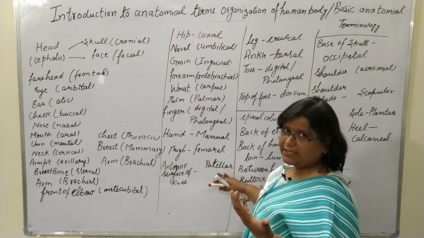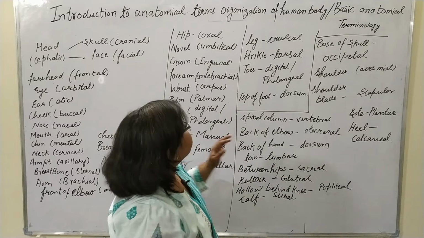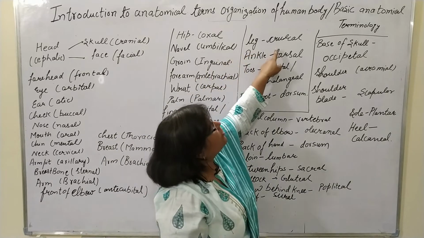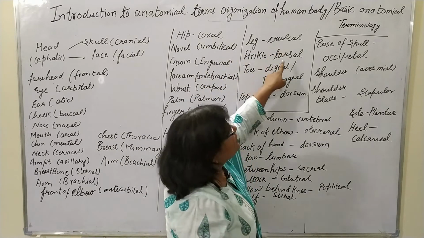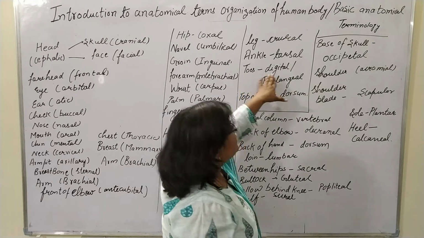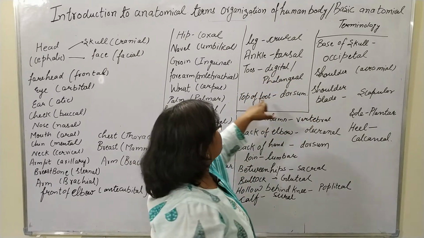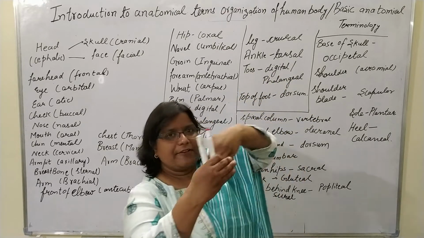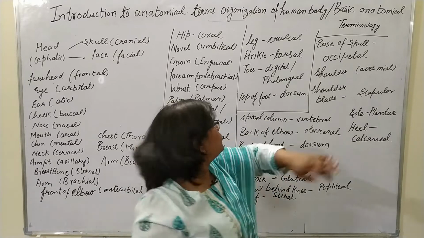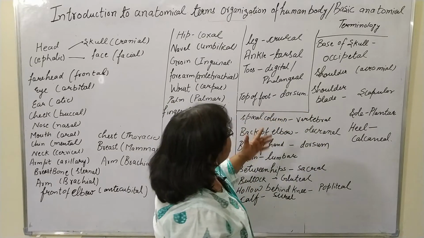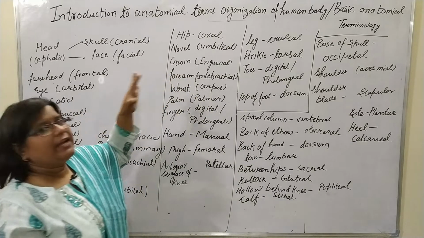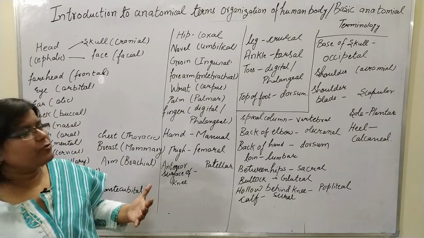Now the leg is crural, ankle is tarsal, toes are digital or phalanges, and the top of the foot is the dorsum. So these are the anterior view terminologies.